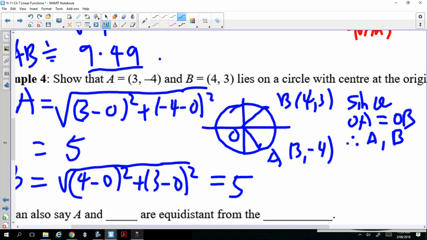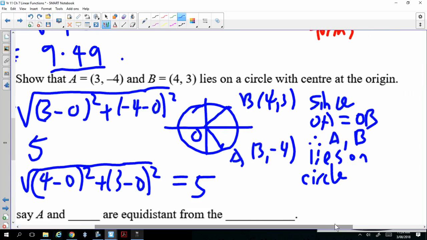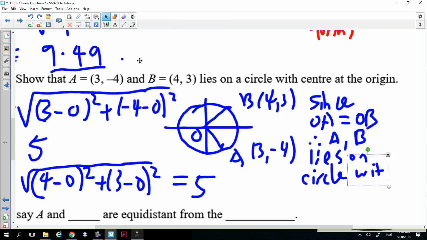So now you know how to check a point lies on a line, and also how to check a point lies on a circle. To check a point lies on a circle, we just show it's the same distance from the center of the circle, with center at the origin. Yeah, done.